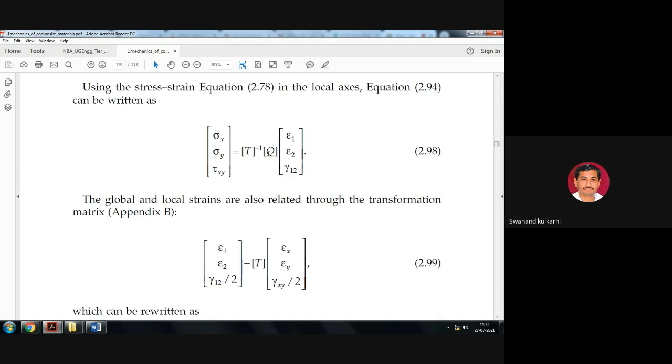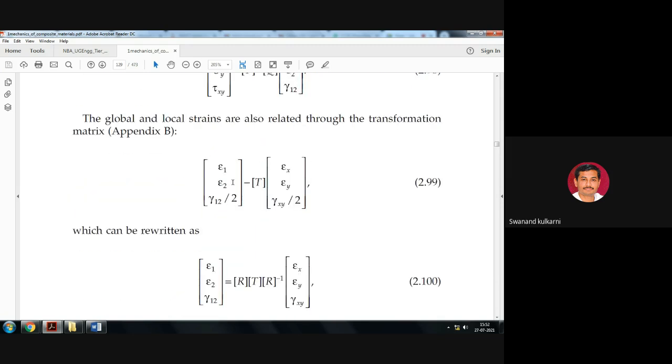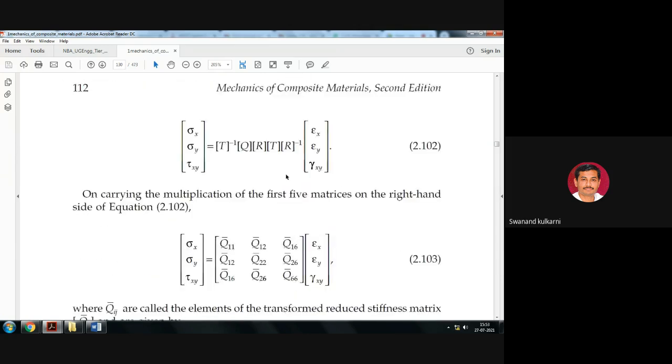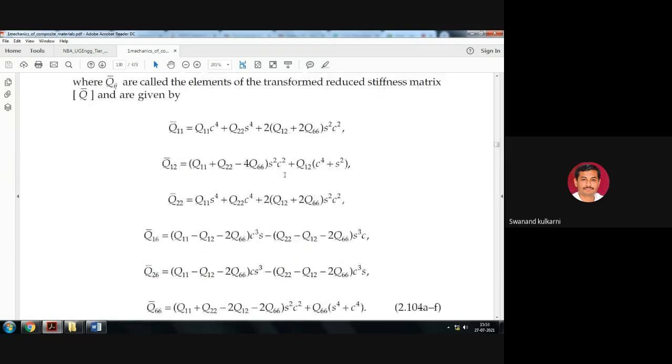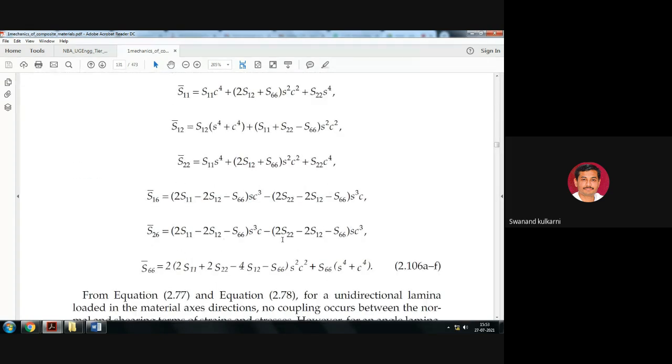Is it okay? So based on that, this strain epsilon 1, epsilon 2 can be calculated here. We can understand how the relationship between principal strains and strain in the direction of x, y, z is also given here. Is it okay? So we will not go much into the details of that, because if anybody wants to take this problem as a problem of analysis for their MTech thesis, then you can take the references here.